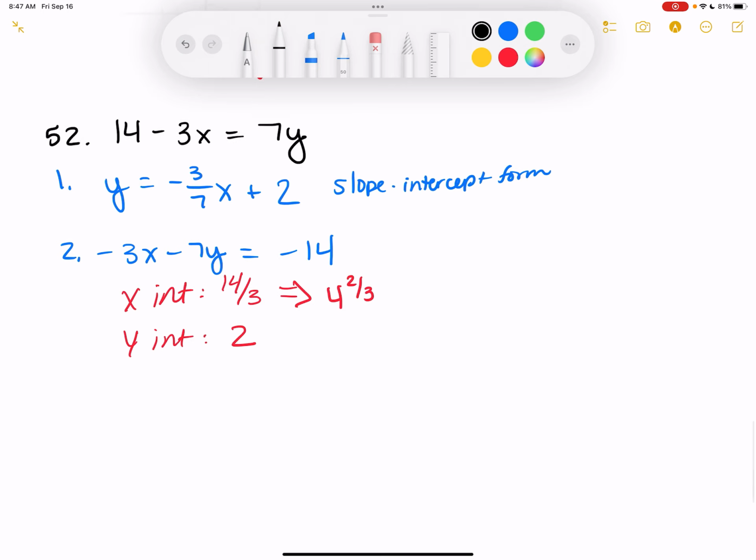So we've got, let's see, x is at 4 2/3, so close to 5. Y is at 2.